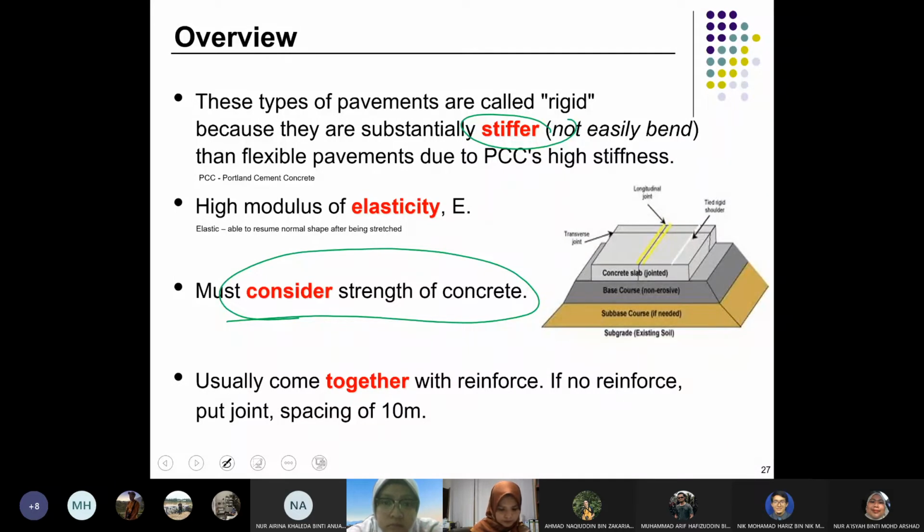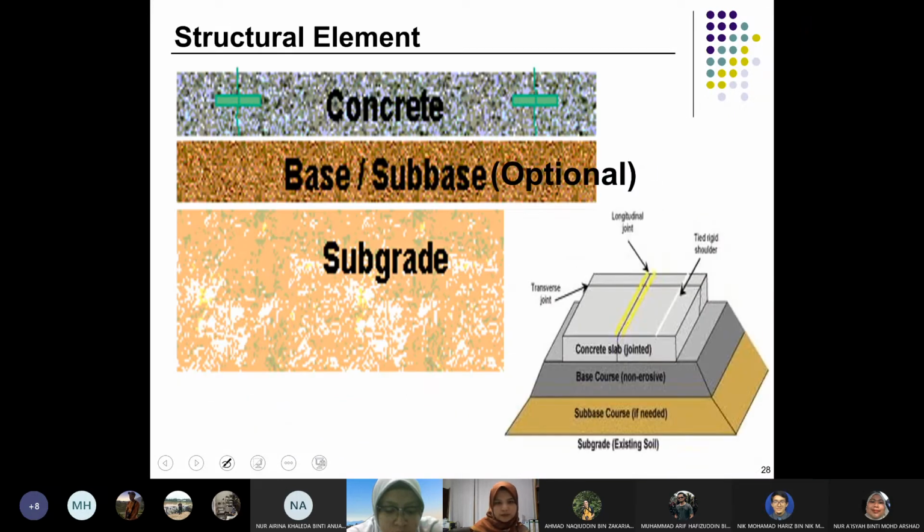Okay, and you have the reinforce. Okay, tapi kalau tak ada reinforce, dia akan buat spacing of 10 meter. Okay, tengok di sini. Dia ada longitudinal and also transverse. Right? Dia ada longitudinal bar, transverse bar pun ada. Ada semua tu dia guna BRC saja.